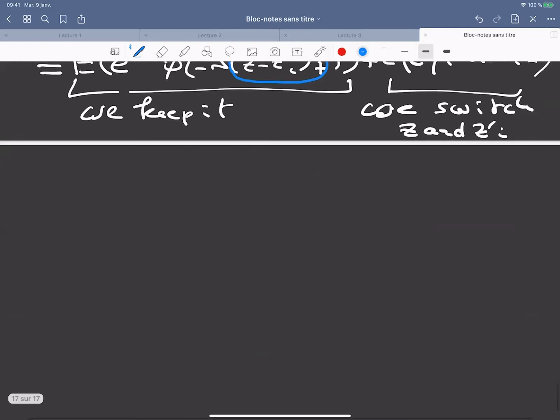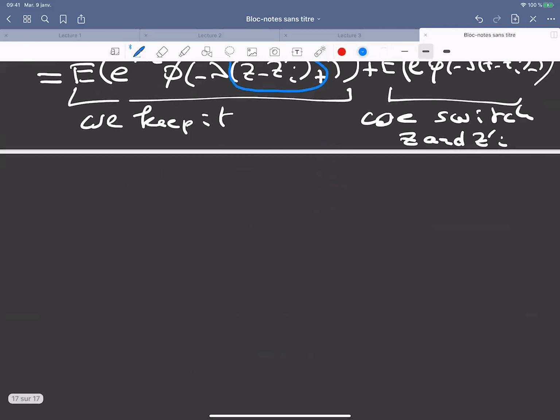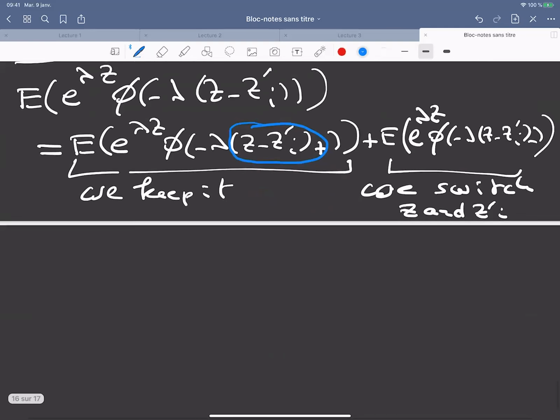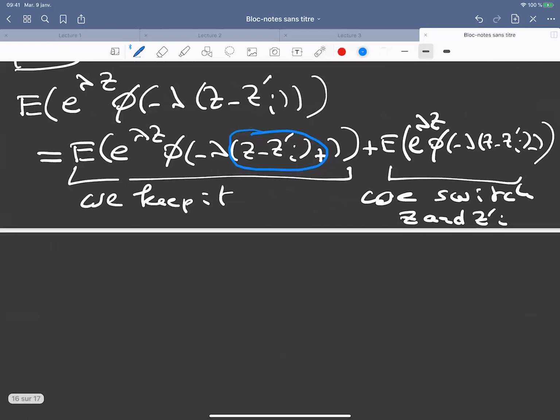Okay, so if we switch these two quantities, excuse me, I have made a mistake. This is not a minus, this is plus here. Oops. This is a plus.